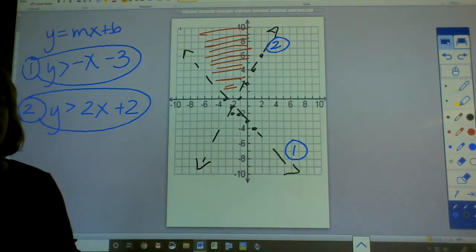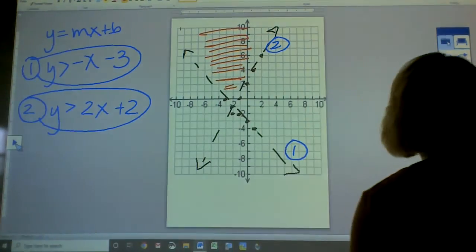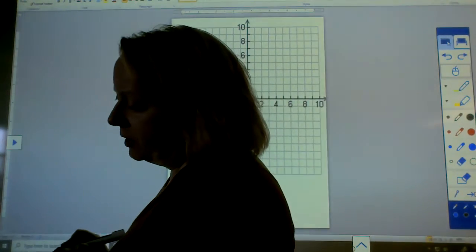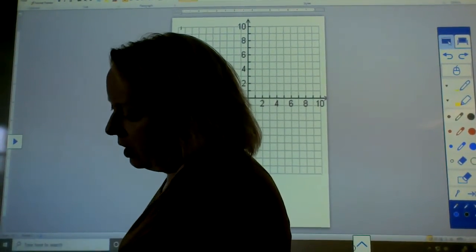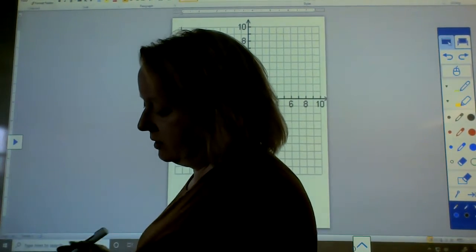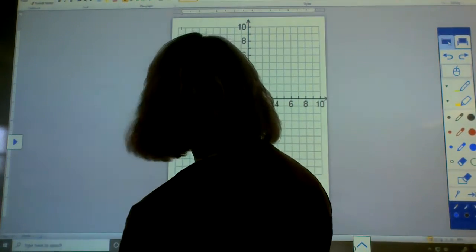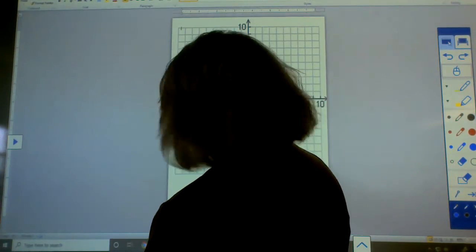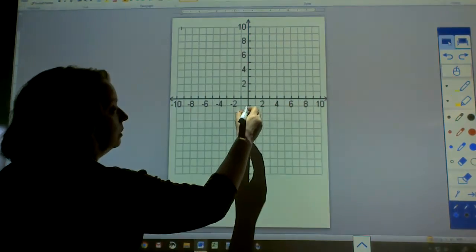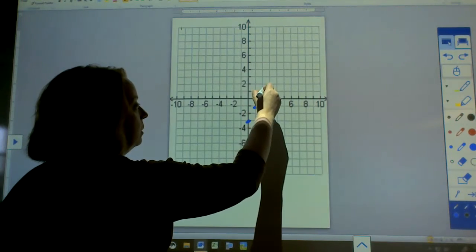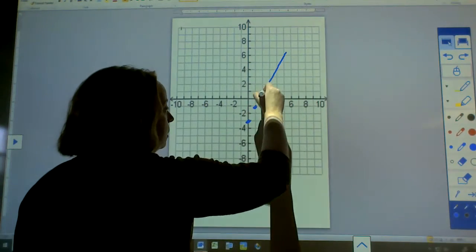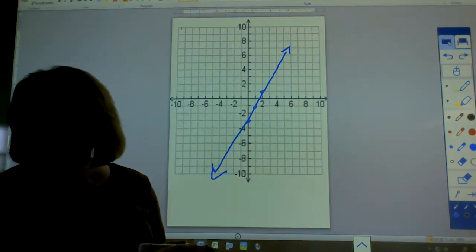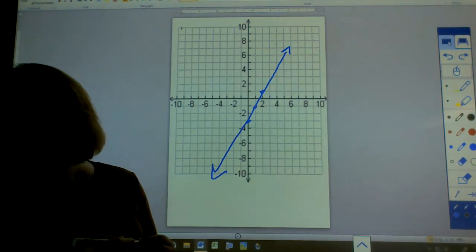So we'll go ahead and we'll do one more. So the next one I want to have you write a system for is this one here. Okay, that's the first line.